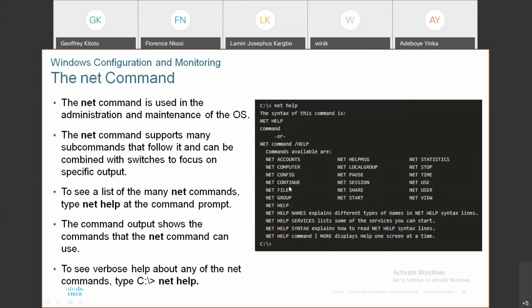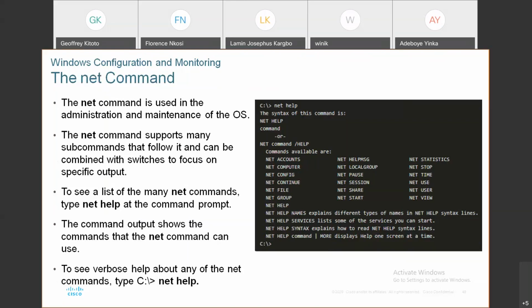Okay, so you can see the net command precedes other commands as well. The accounts, you can see net computer, net configure, net continue. The command output shows the commands that the net command can use, and the specific details for each.